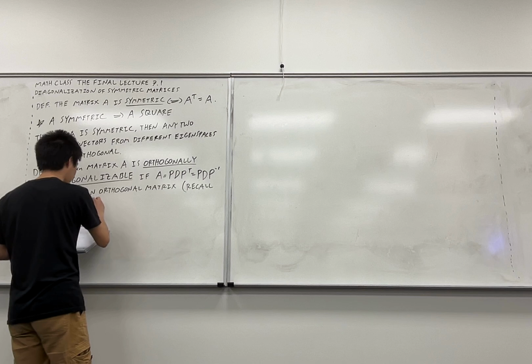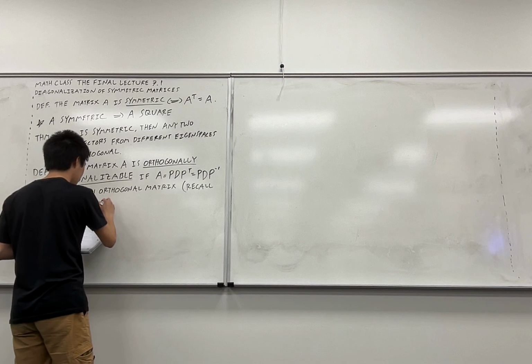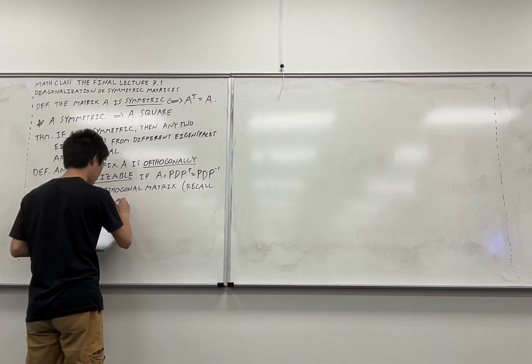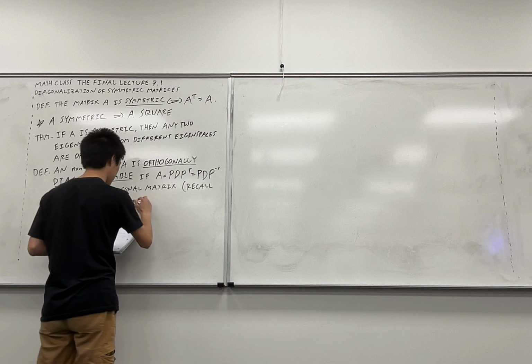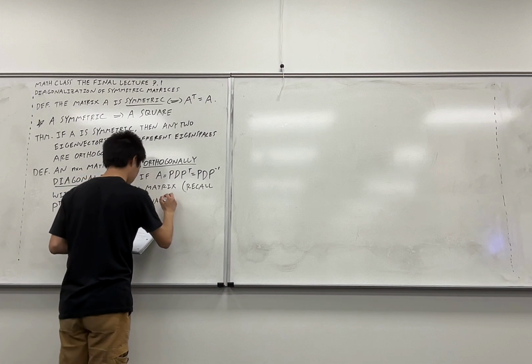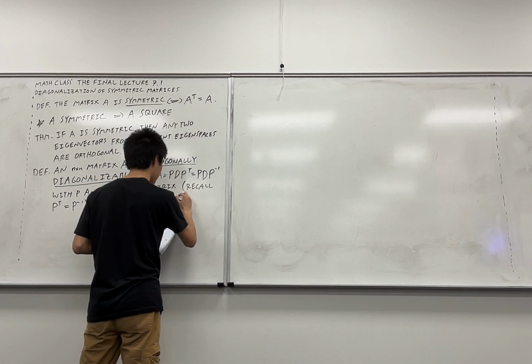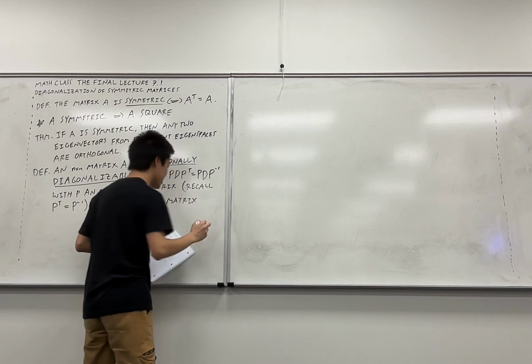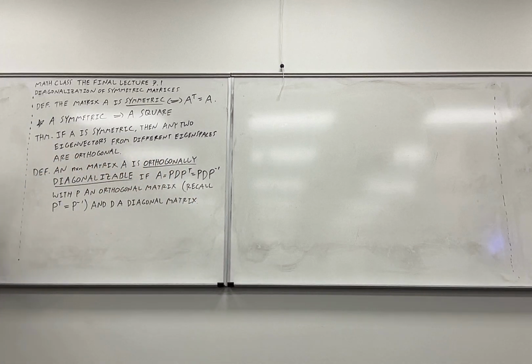And then, of course, D is a diagonal matrix. So I want you to mentally categorize this as the same kind of thing as when we did diagonalization at the end of the previous unit, but now done orthogonally.